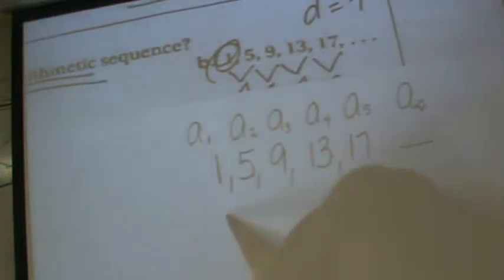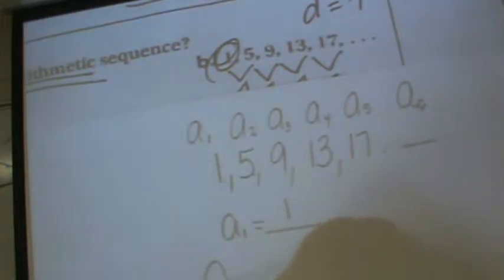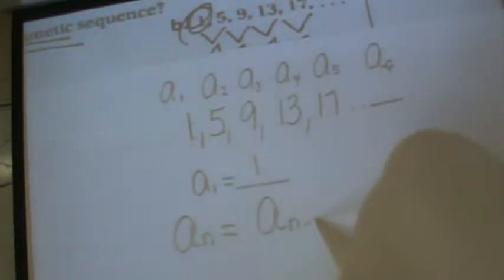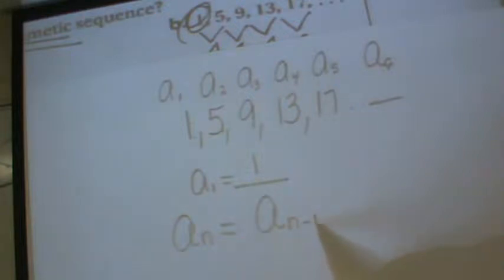So if we want to write a recursive formula, this is how you do it. You're going to state the first term, and the first term happens to be 1. Not because this is a 1, it is a 1 here. Now to find the next term, or any term in the sequence, we use this n minus 1.